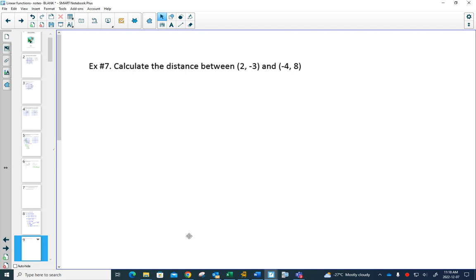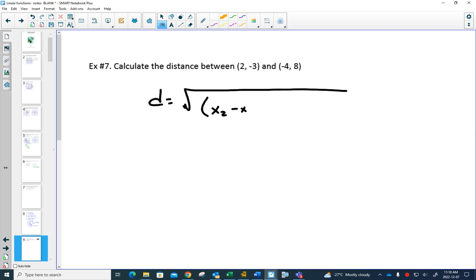So again, if you're wanting to use the formula, and using formulas, even if they're long formulas like this one, are relatively easy, because all you have to do is know where the numbers are going.